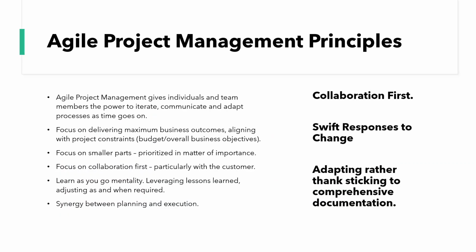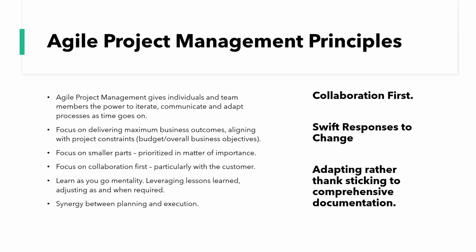I've documented here some of the key principles to be aware of, and this is what is typically defined for Agile Project Management. It's all about giving individuals and team members the power to iterate, communicate, and adapt as processes and time go on.